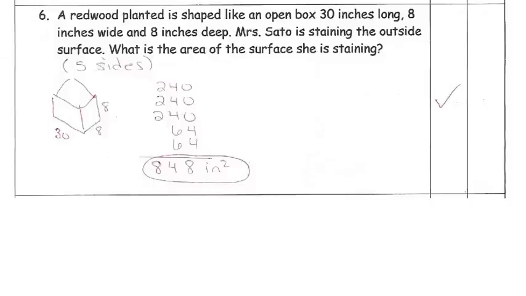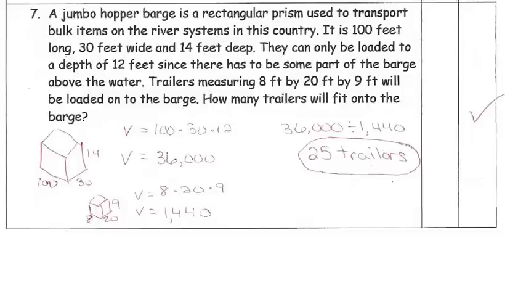And so the surface area that you will need to paint is 848 square inches. And for problem number 7, this is talking about volume. You find the volume of the first box, you find the volume of the second box, and then you divide, and so your answer should be 25 trailers.